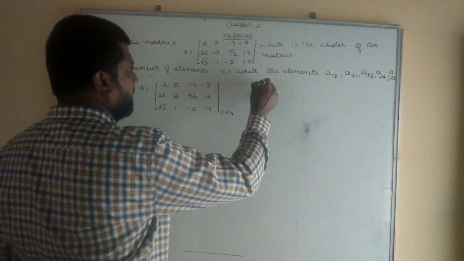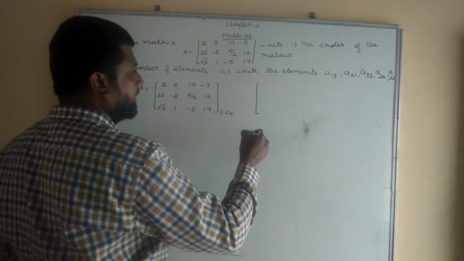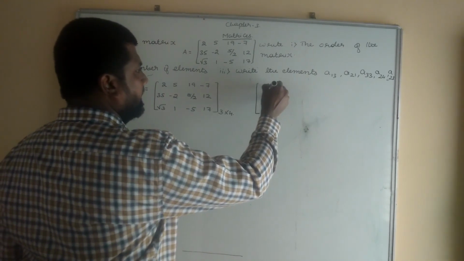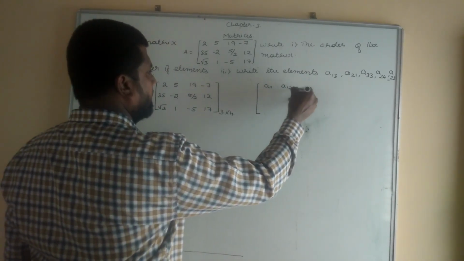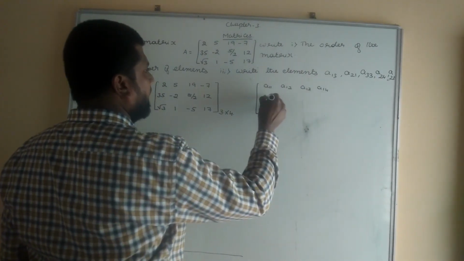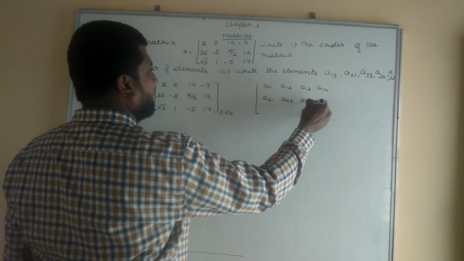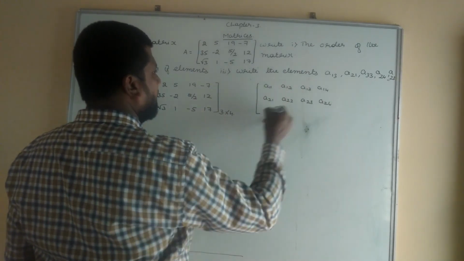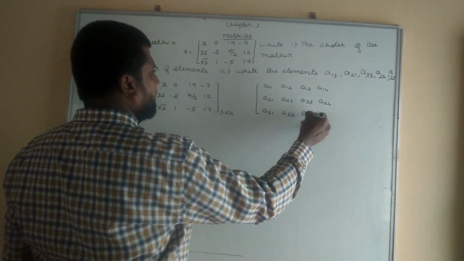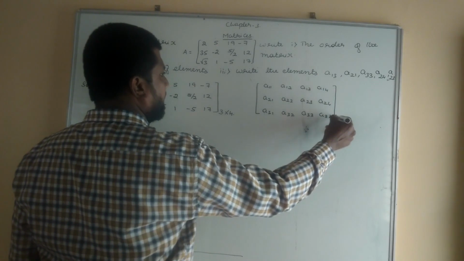Let us write the general matrix of order 3 cross 4. A11, A12, A13, A14, A21, A22, A23, A24, A31, A32, A33, A34. This is the general matrix.